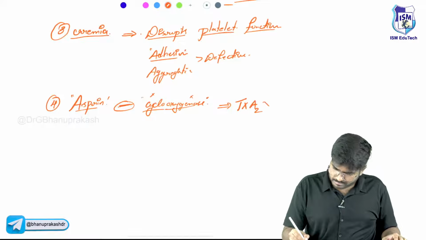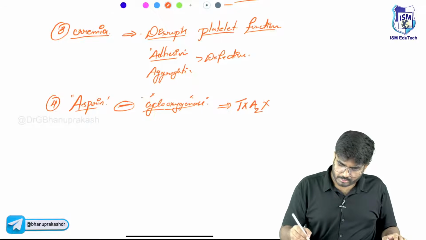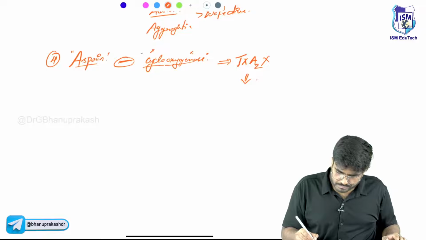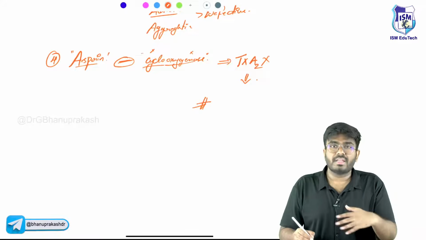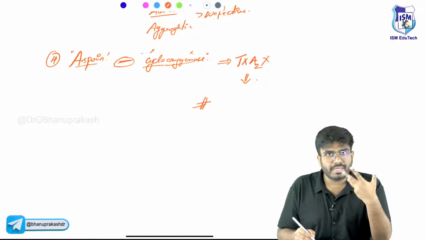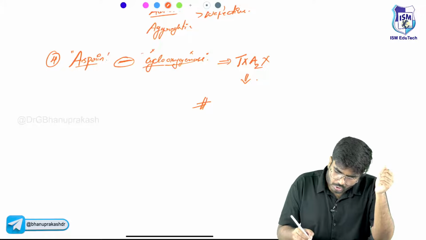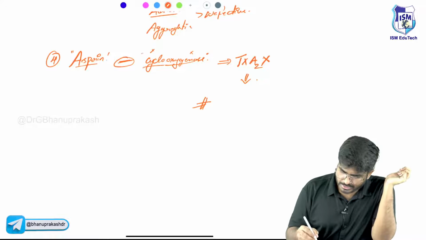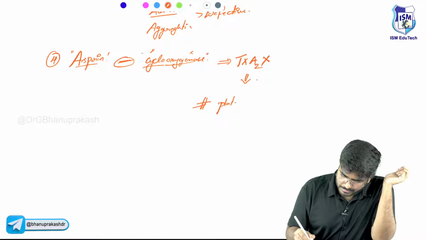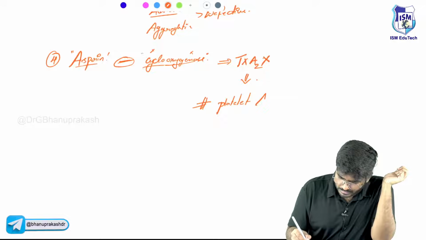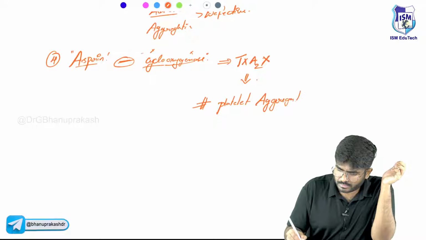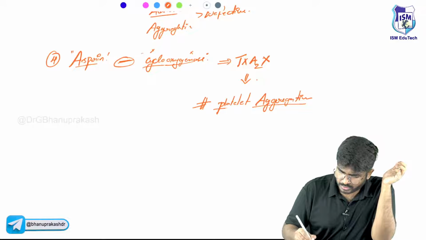Thromboxane A2 is not there. Without thromboxane A2, do you think platelet aggregation is going to be possible? It's not a defect, we are inhibiting. So platelet aggregation is not going to happen.